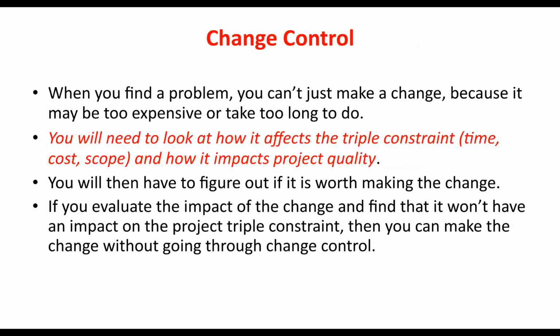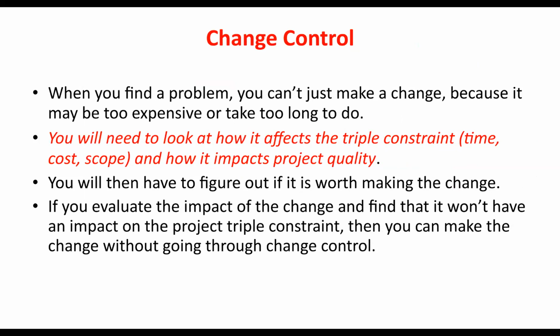What about change control? When you find a problem, you can't just make a change because it may be too expensive or take too long. So you need to look at how it affects the triple constraint, that is the time, the cost, and the scope, and how it impacts project quality.